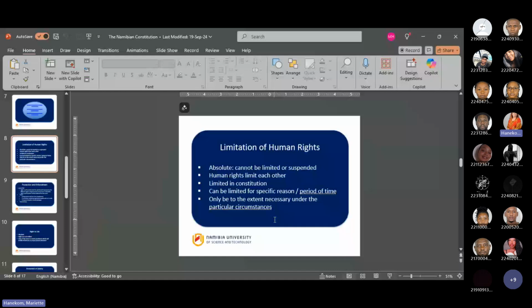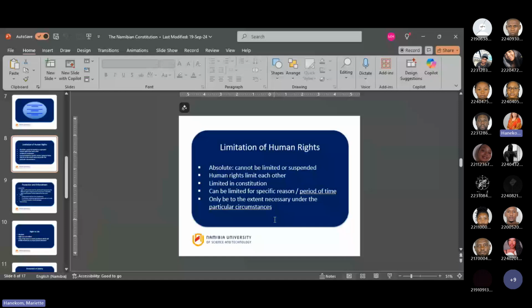The most obvious example that comes to mind is the right to liberty, the right to freedom, where the Constitution says that nobody may deprive somebody else of their right to freedom except under lawful circumstances. If you commit a crime, you're going to be arrested.